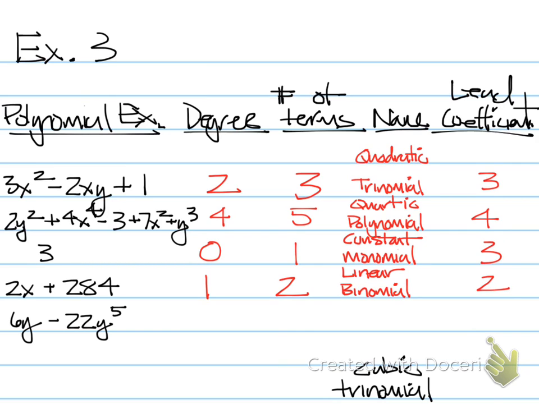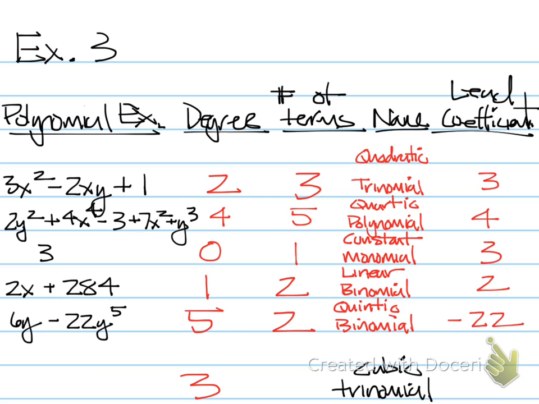And then next we have a degree of 5. There are 2 terms. So we would refer to this as a quintic binomial. The lead coefficient is -22. And for a cubic trinomial, the degree would be 3 since it's cubic.